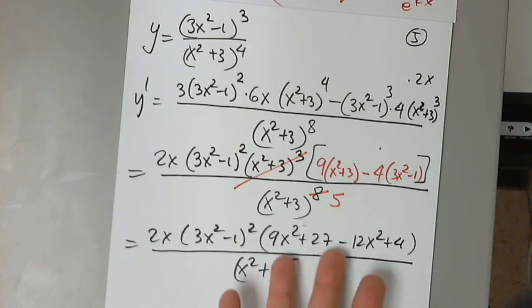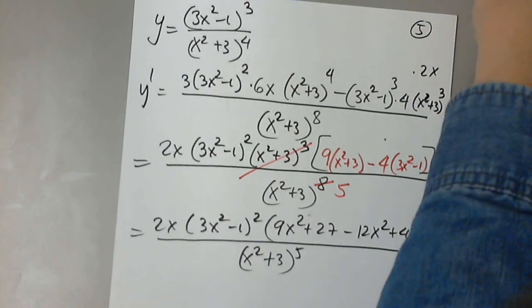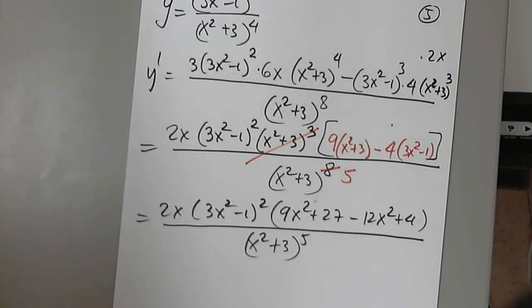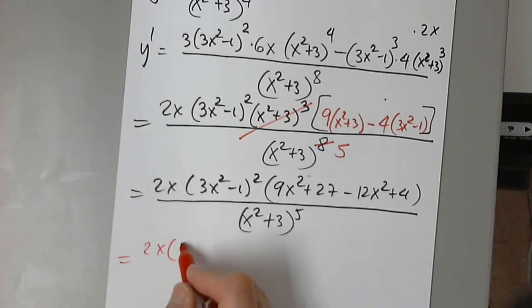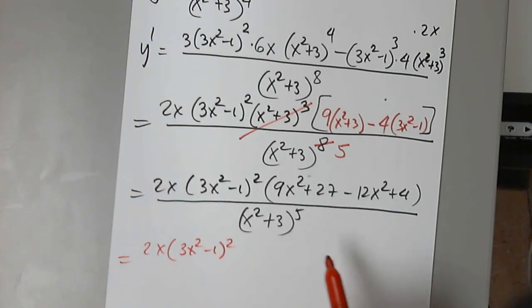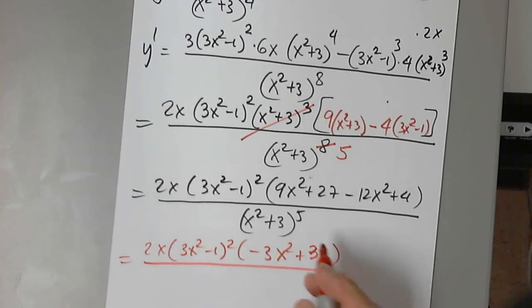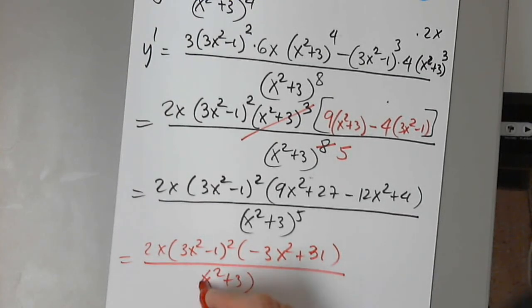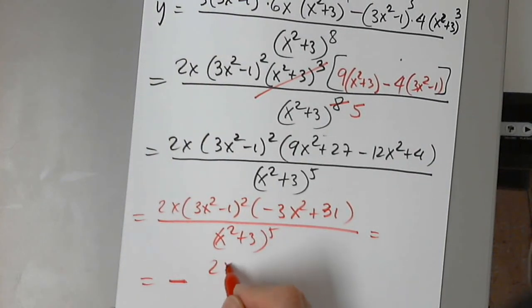There's nothing else I can do except combine these and potentially pull out the negative sign. Okay, so 2x, 3x squared minus 1 squared, and this is negative 3x squared plus 31, over x squared plus 3 to the 5th power, and yes, I will pull out negative in front.